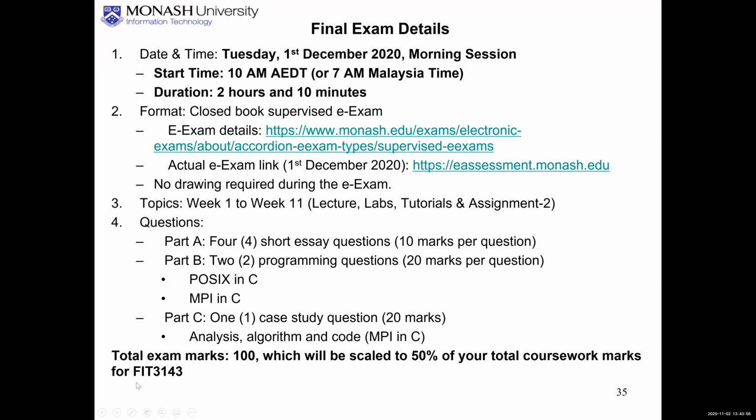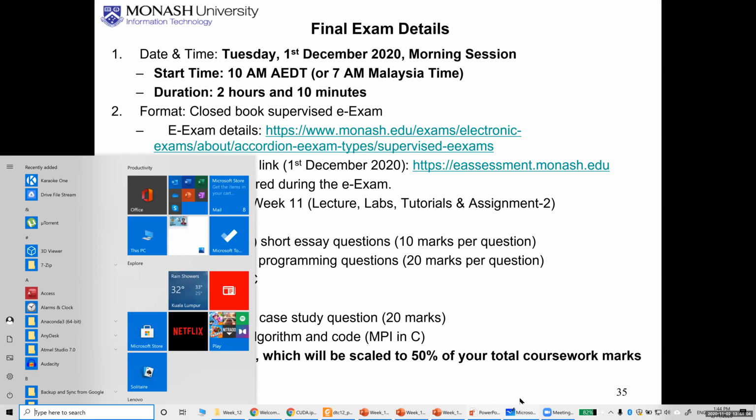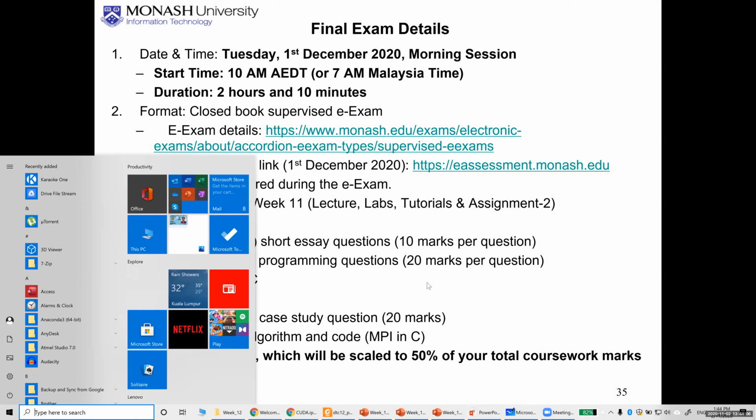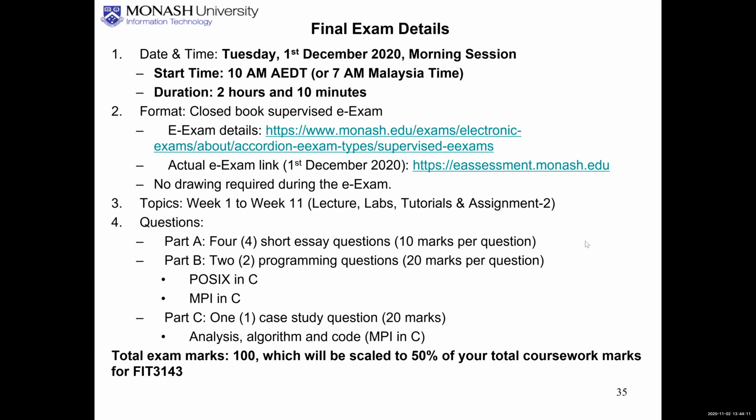There are 3 parts in the exam. Part A has 4 short essay questions. Each question carries 10 marks. You can give your answers in point form. It's a closed book exam, so you're not supposed to look at any notes.